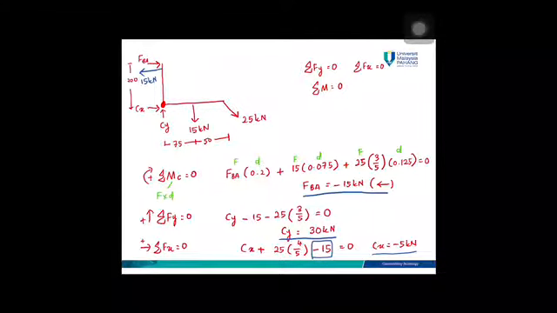Then we can calculate the diameter. The question asks you to calculate the diameter. You know that factor of safety is equal to failure divided by allowable. Now it is in shear: shear failure divided by allowable shear. Factor of safety is given 1.5. Failure shear is equal to 82.5 megapascal.